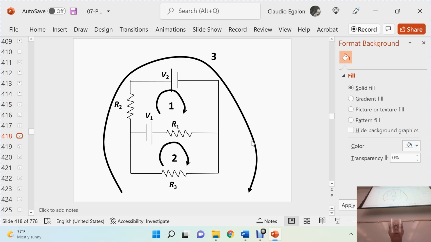Then we set up our current anywhere, any direction we want. Okay? I set up I1 in this direction, in this node. Here you go, I have one node here. And we must set up the currents in the other node as well. It happens that we don't need to set up a current in this node. There's a reason for that, okay? But I'm setting it up anyway.